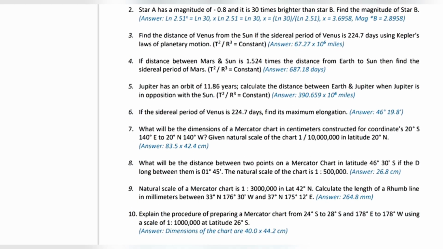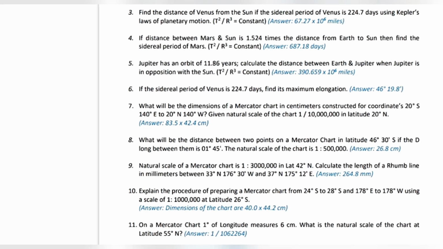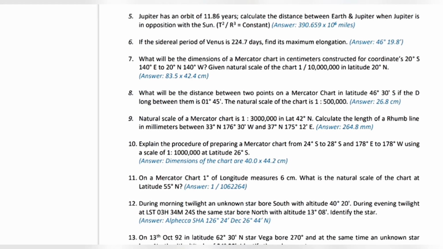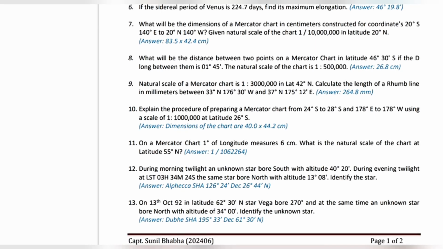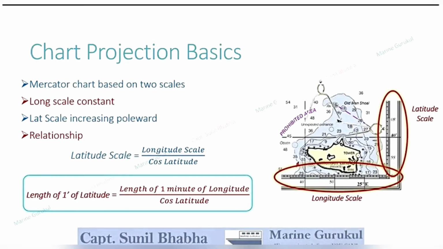Okay, sir. And latitude we will calculate by the formula you are giving, longitude scale divided by cos latitude. That's right. This is a relationship which gives us the relationship between longitude scale and latitude scale.